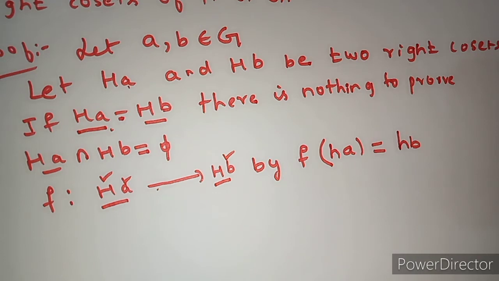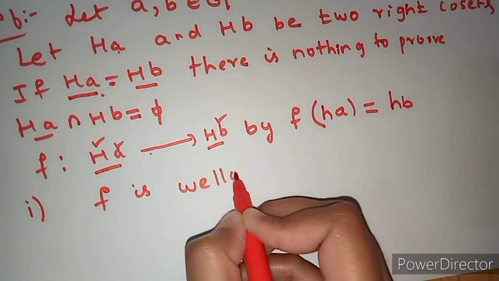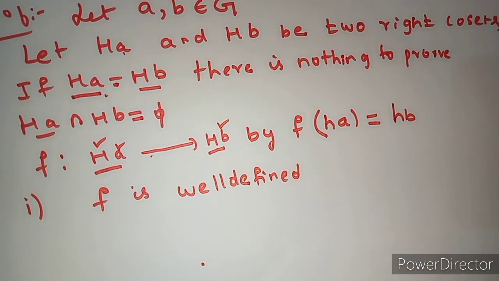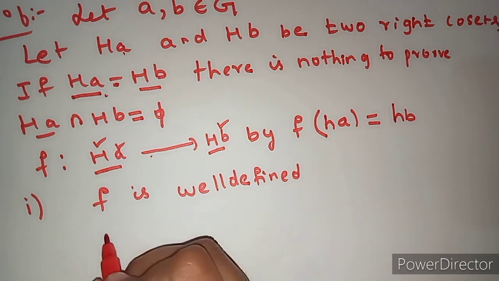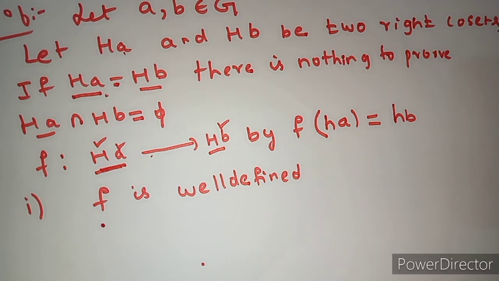So I defined a mapping. Now I will show this mapping is well defined. Mapping f is well defined. For the mapping to be well defined, we have to take the elements as same and show that the images are also same. So I am considering elements of the right coset.